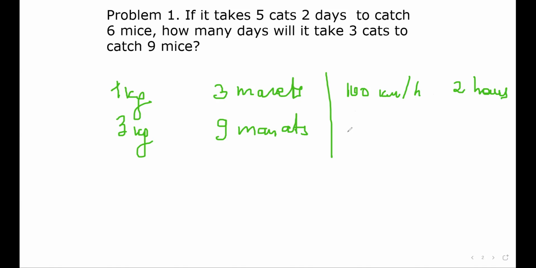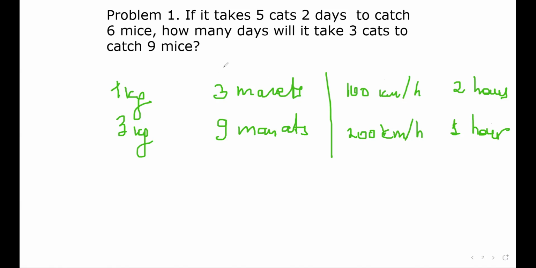And let's suppose now the car travels at double the speed, 200 kilometers per hour. If the speed increased twice, it's wise to think that the time spent is going to be 2 times less. So we are going to get 1 hour for this travel.